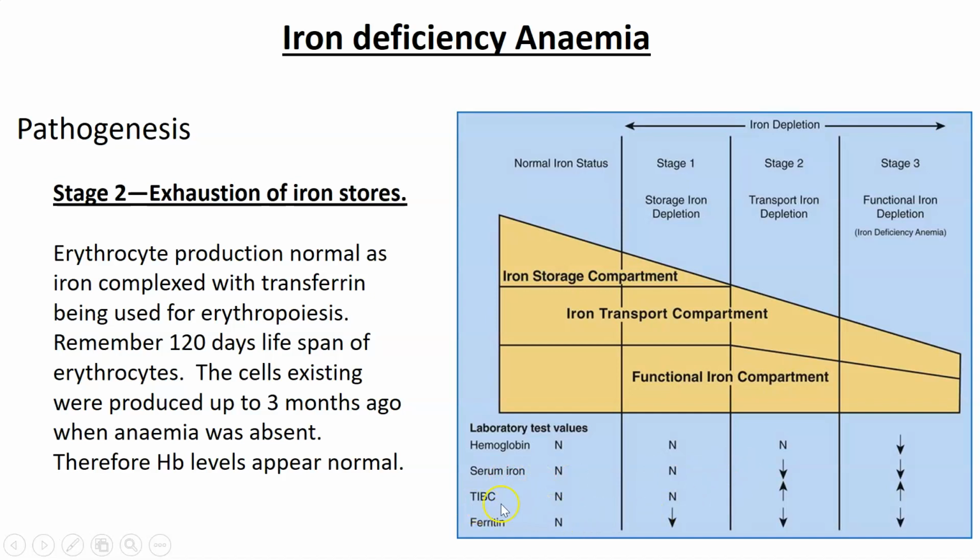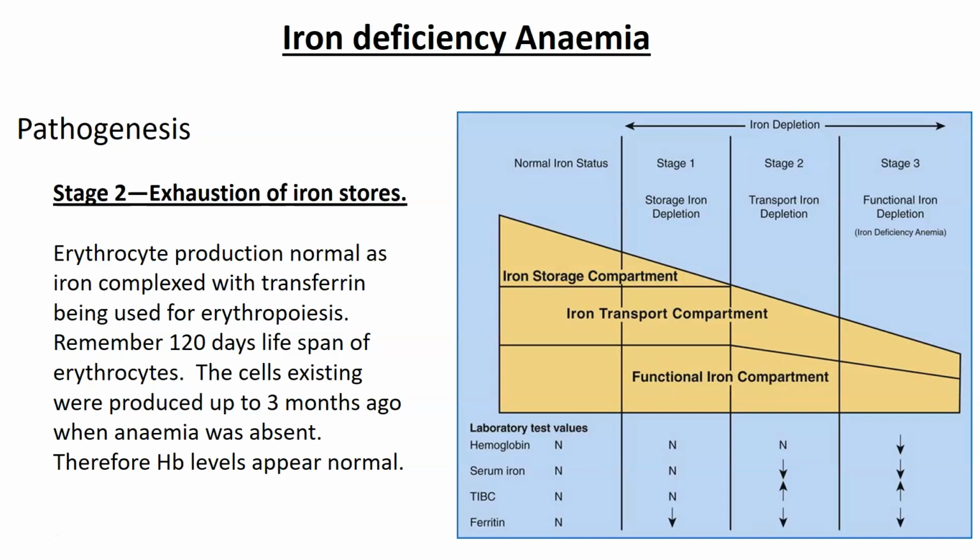The total iron binding capacity will start to increase, and what this basically means is that there's all this transferrin floating around in your blood, but there isn't enough iron for it to complex with.